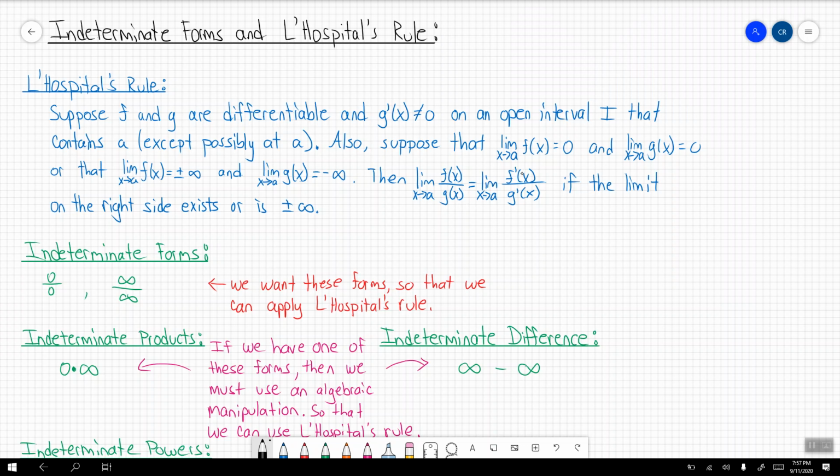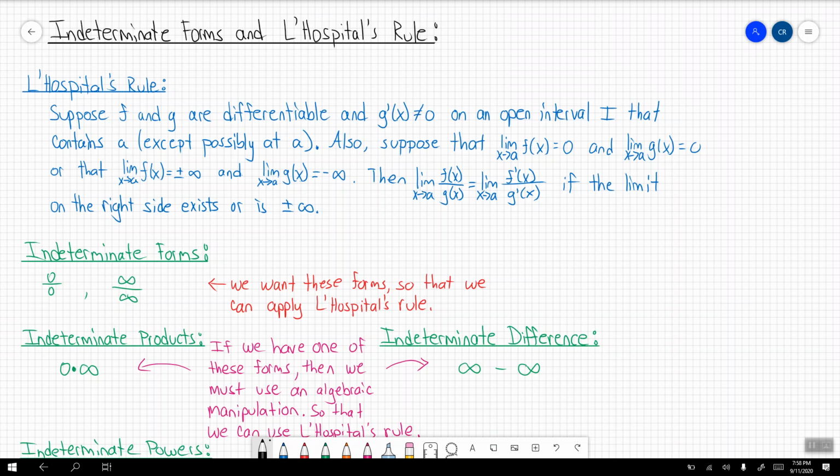L'Hopital's rule allows us to take the derivative of the numerator and the derivative of the denominator independent of one another. In other words, we do not apply the quotient rule. Therefore, if the limit on the right hand side exists, or it's either positive or negative infinity, then we found the limit.